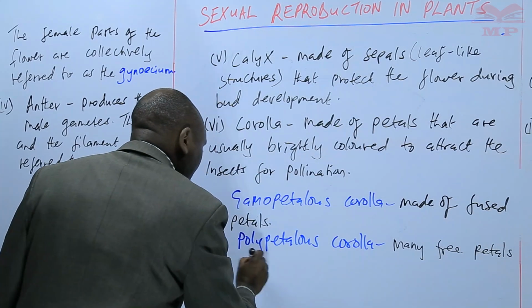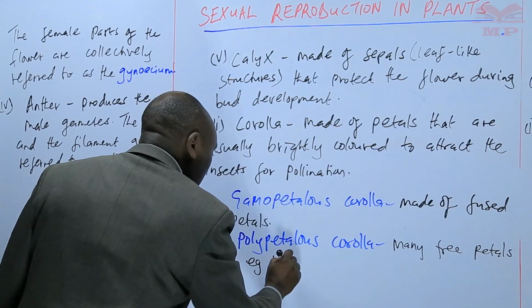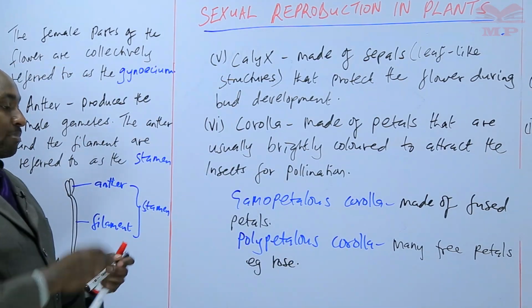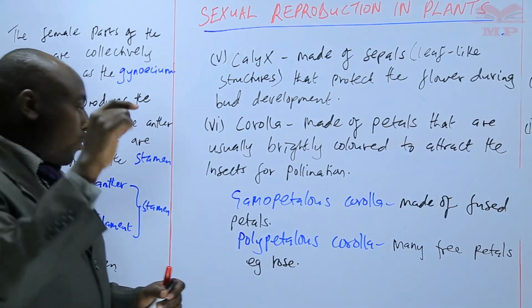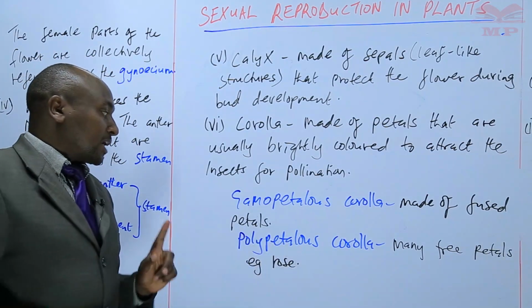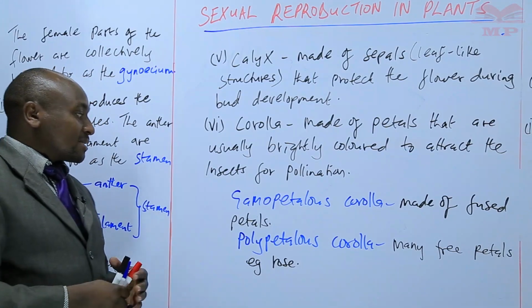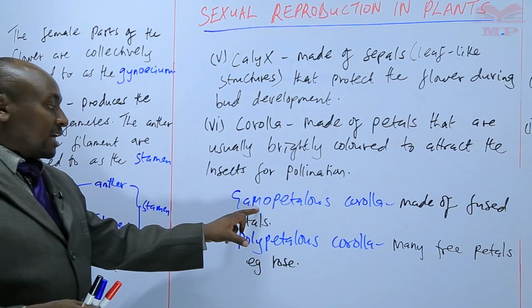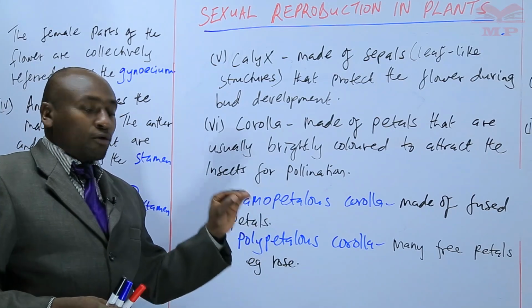For example, something like a rose. If you look at the rose flower, you'll find that the petals are many. You are able to pluck one. So we call that type of corolla polypetalous.